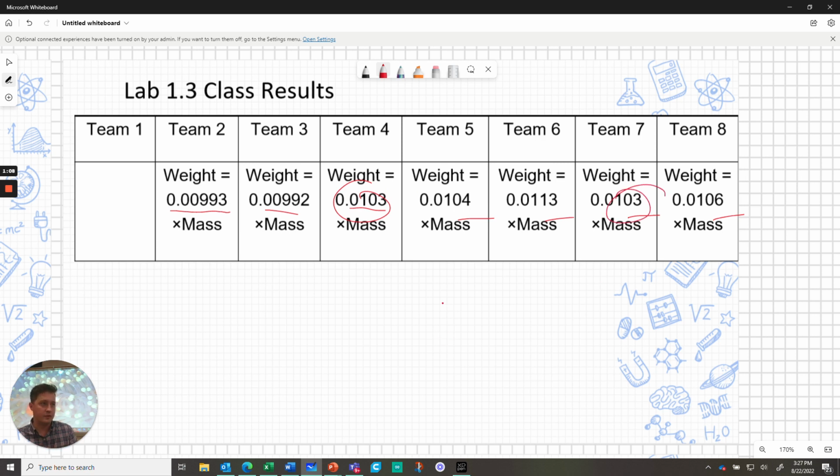First of all, remember that there is always going to be natural variation in an experiment. So not everybody's going to get the same answer. This natural variation is caused by lots of different things. It could be limitations with the tools.